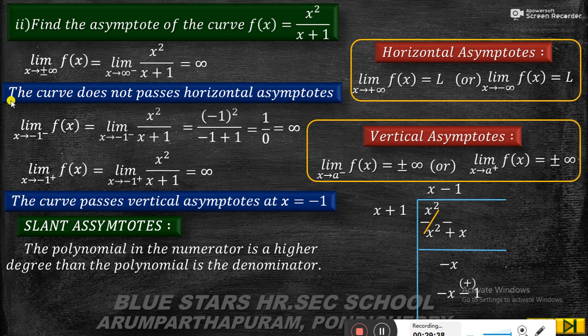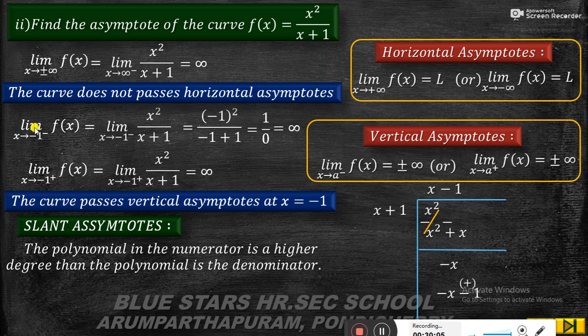So the curve does not pass through the horizontal asymptote. Next, I substitute x equal to minus infinity, that means the left-hand limit, and we get the answer infinity. So the curve does not pass through the horizontal asymptote.